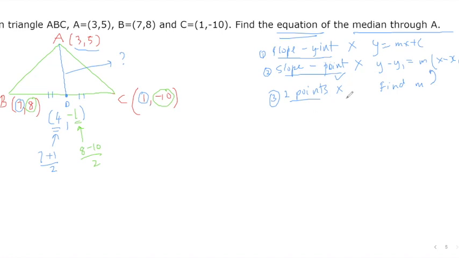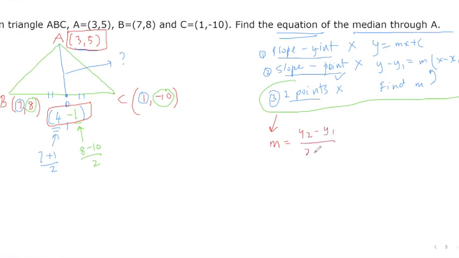Now we can use this method. We have 2 points, right? We have this point and we have the point at A. So how do we proceed? First we find m is equal to y2 minus y1 divided by x2 minus x1.